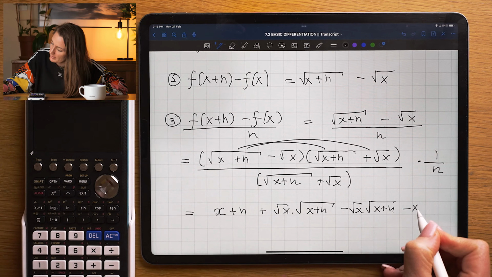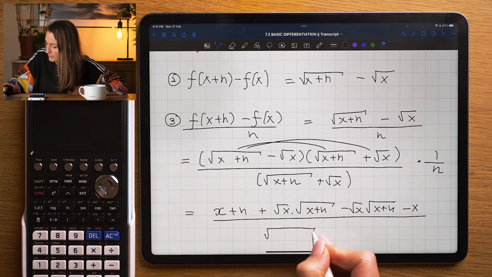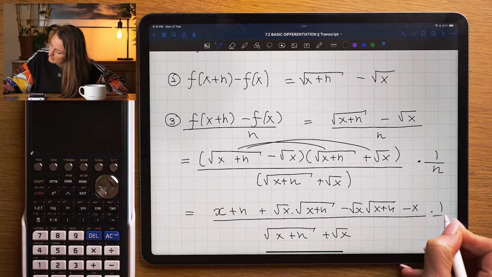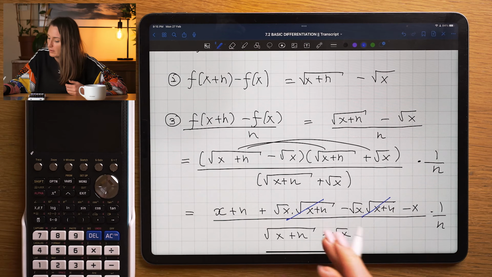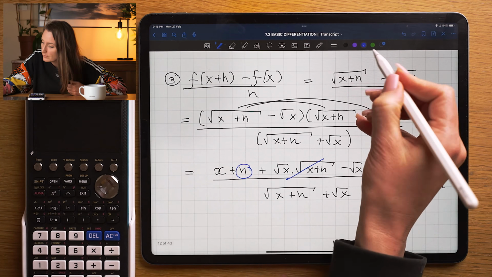And then I'm going to get minus x, divided by this square root. Obviously, when I multiply by a conjugate, this and this cancel out. And that's going to leave me here with an h on the top.